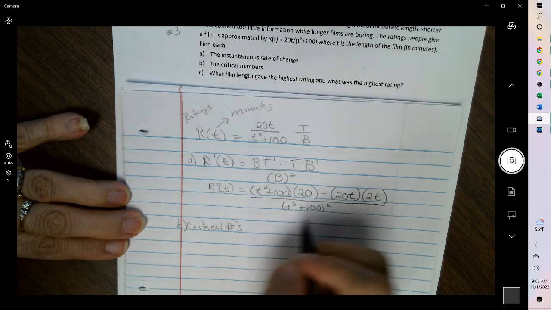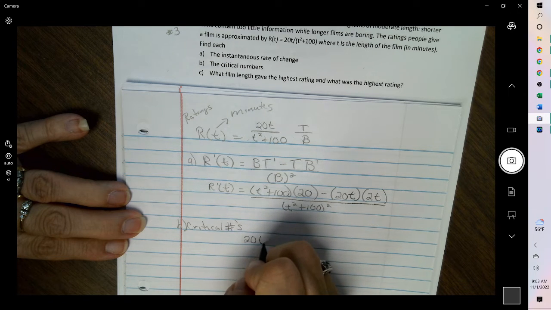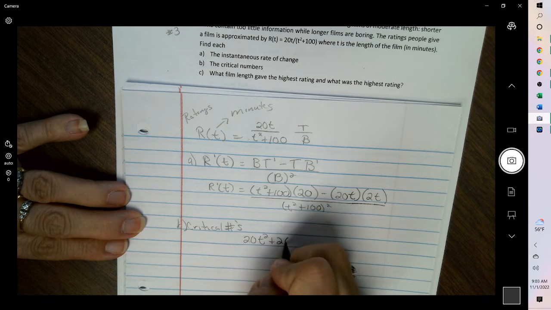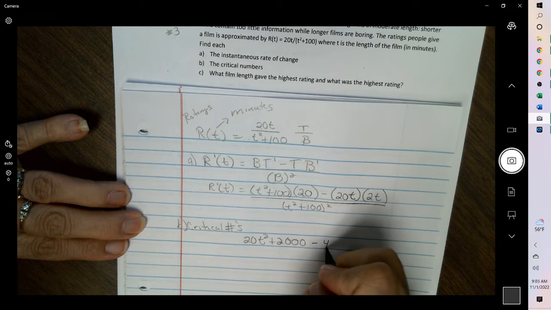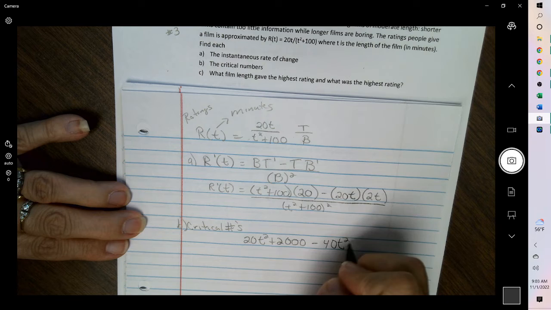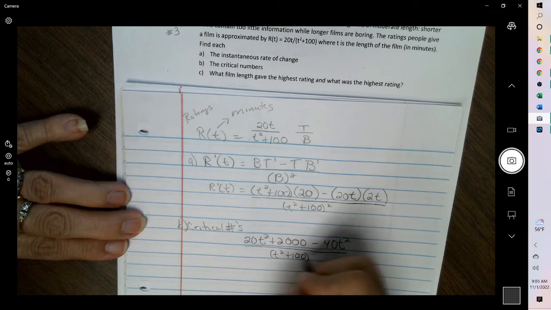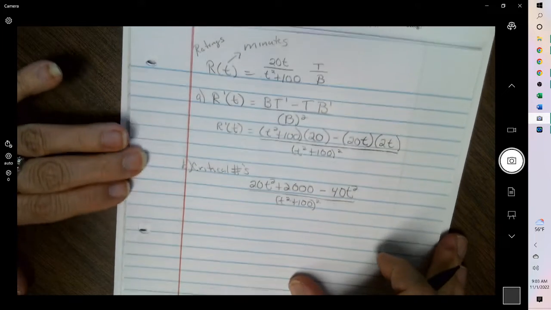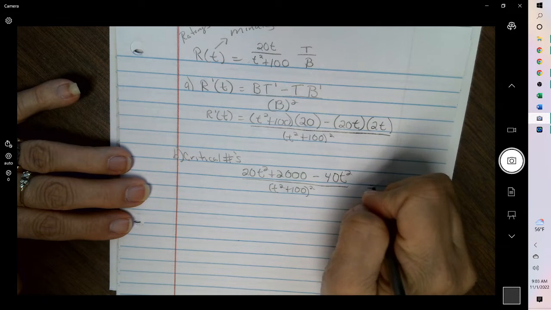So for critical numbers, we'll first distribute our 20. 20t squared plus 2,000 minus 40t squared over t squared plus 100 squared. To find the critical numbers, we set it equal to 0.